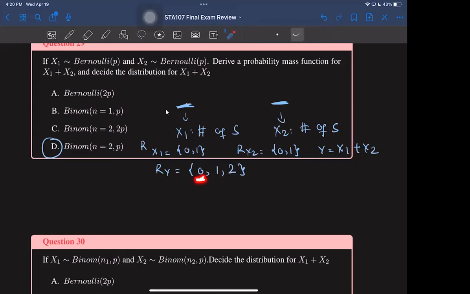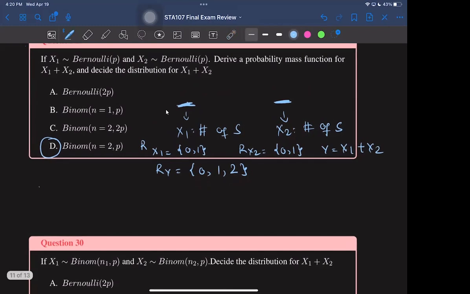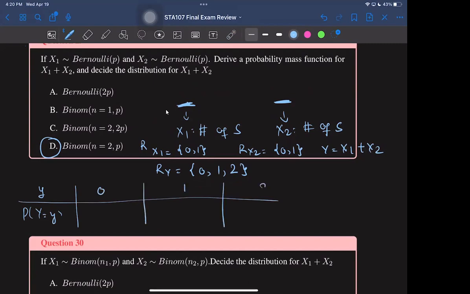The minimum is 0 because it cannot be negative. And 2 because at maximum, X1 is 1 and X2 is 1, then the sum will be at most 2. So we want to create a PMF table for this. So Y can take on value 0, 1, or 2.